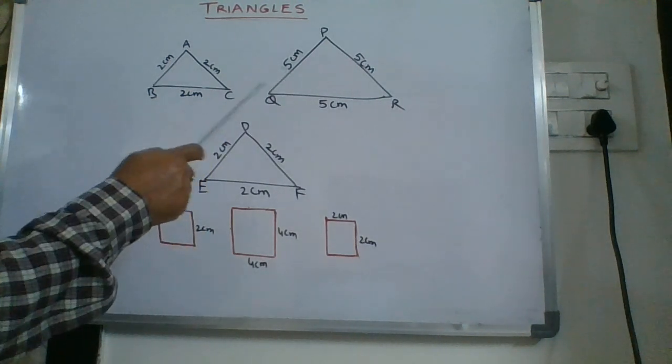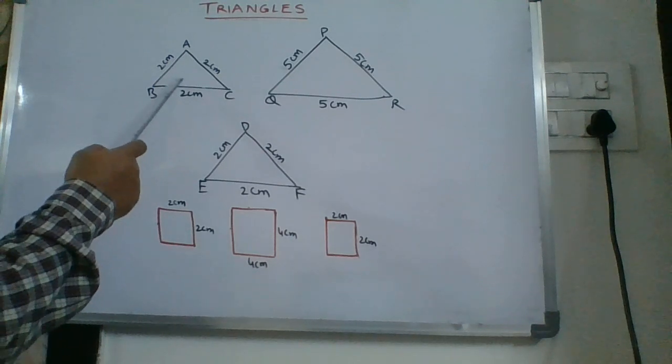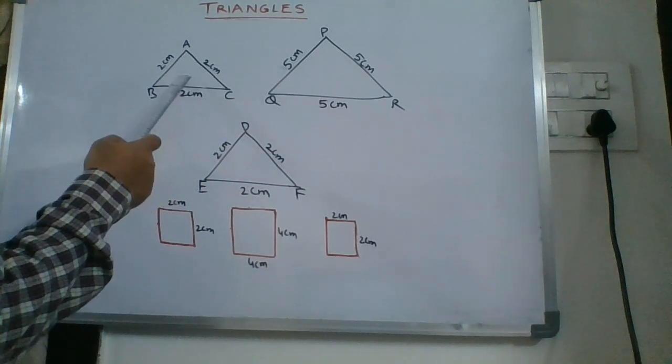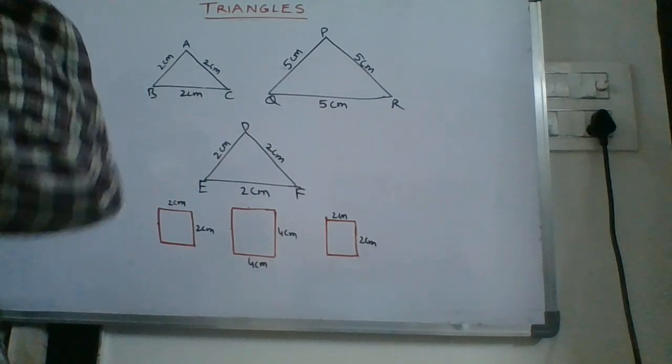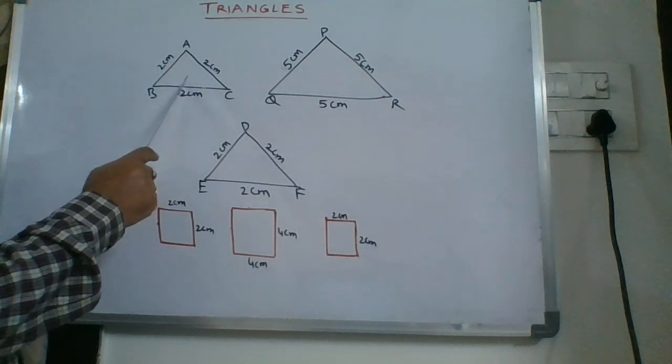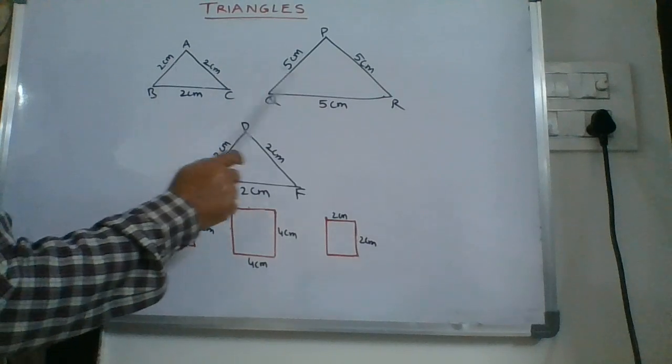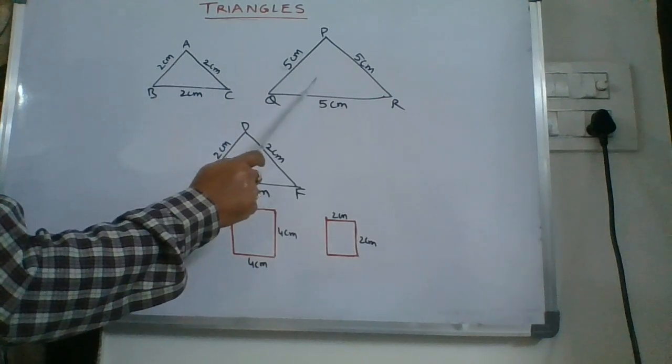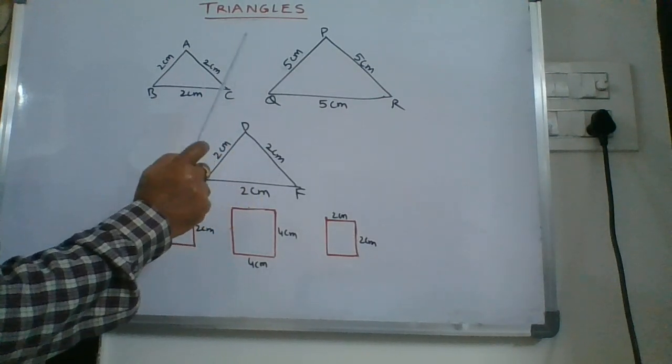Now if you observe the shapes of the triangles, the shape is same. This is an equilateral triangle, this is also an equilateral triangle. Shape is same, but the size is different, isn't it?